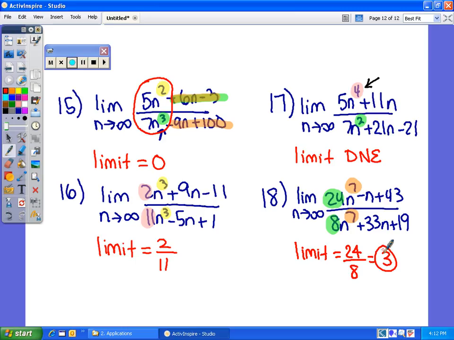Alright, so I hope that limits are now a little bit easier for you to see. So now we're going to get into some expansions and finding the nth term.